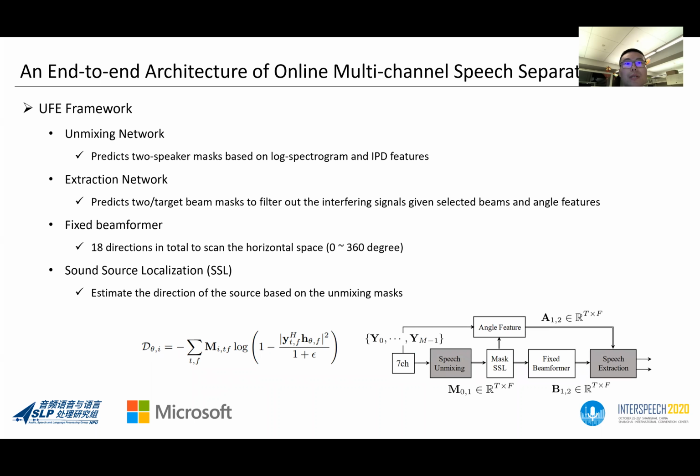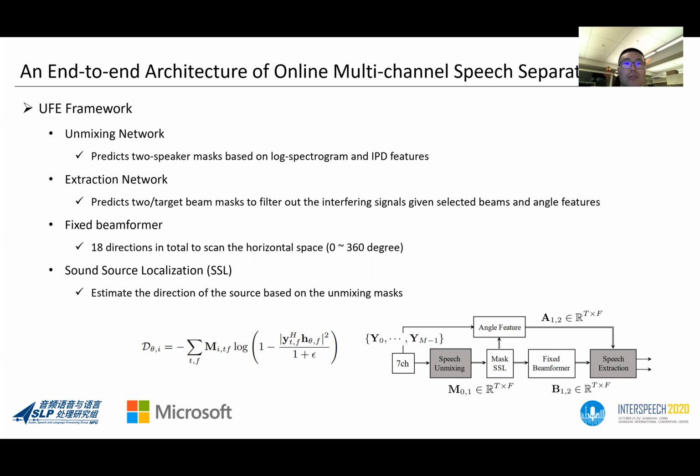Here, we look into the details of the UFE framework. Firstly, the multi-channel signals are passed to an unmixing network, and it predicts two speaker masks, which are used in the SSL module. Then the SSL will give two directions based on the unmixing masks. These directions will be used to compute fixed beamforming results and the corresponding angle features.